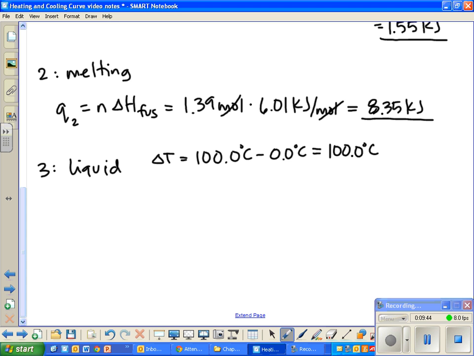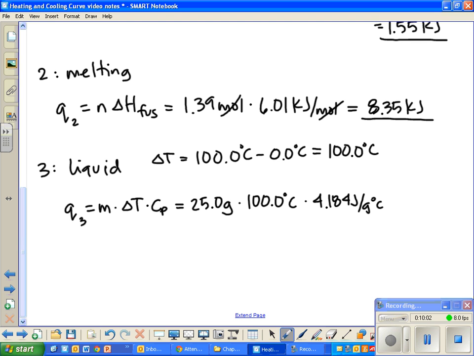So now I can calculate Q3, which is the mass times the change in temperature times the specific heat. So 25.0 grams times 100 degrees Celsius times 4.184 joules per gram degrees Celsius. So grams divide out, degrees Celsius divide out. And here we get, with 3 sig digs, 10,500 joules. And I'm going to move my decimal, convert right away to kilojoules. So this is 10.5 kilojoules.